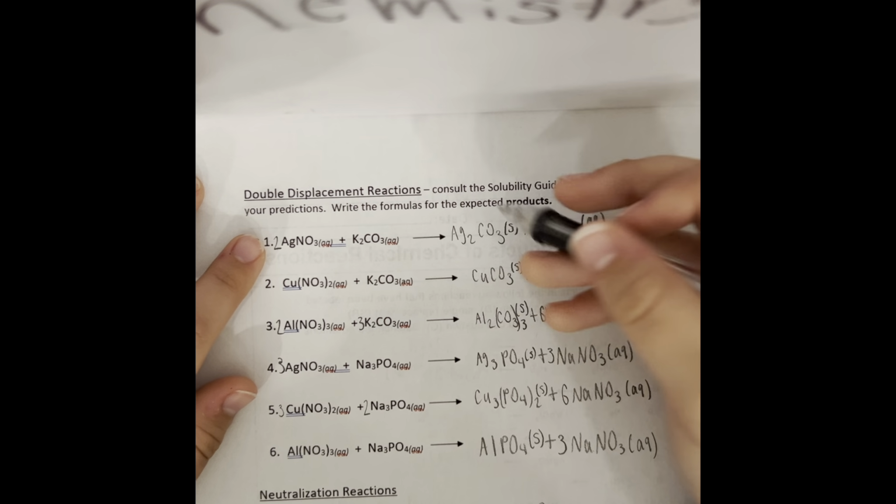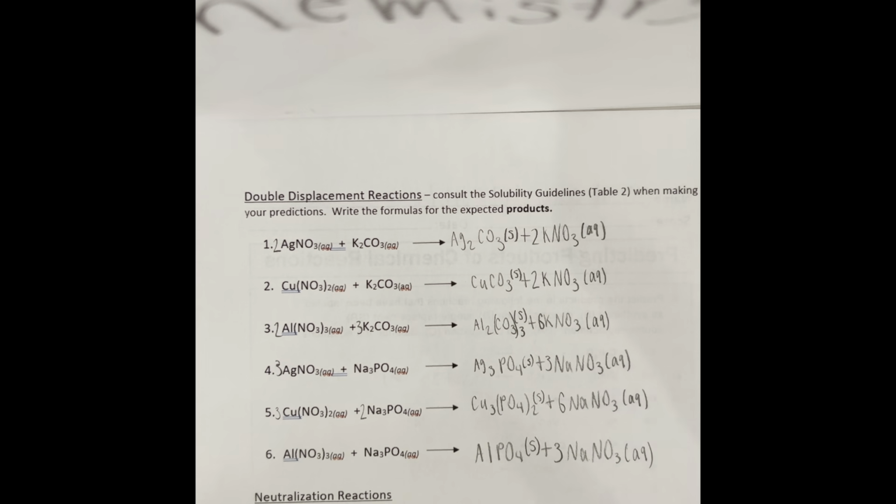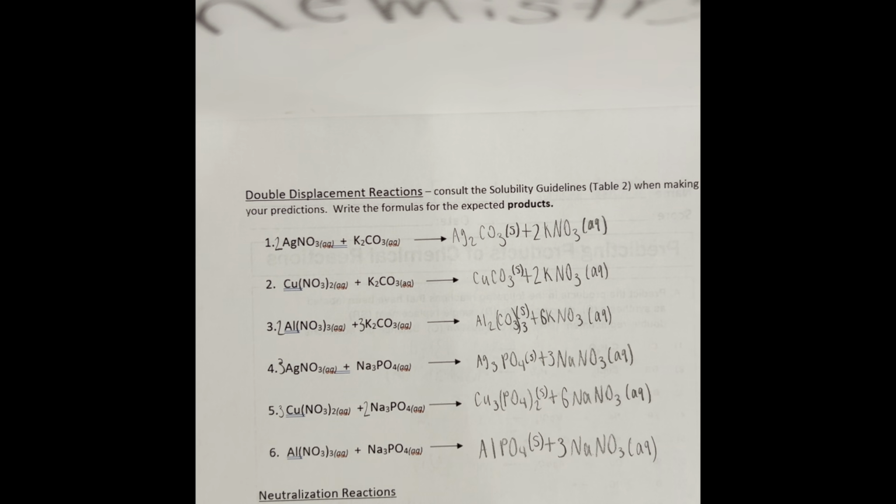So silver carbonate is a solid, or insoluble, because, if I can pull out one of my charts, the one on the back of the predicting products cheat sheet, with the 1 through 5. For number 5, it says all carbonates, phosphates, chromates, hydroxides, and sulfides are insoluble except when they are combined with alkali metals or the ammonium ion.